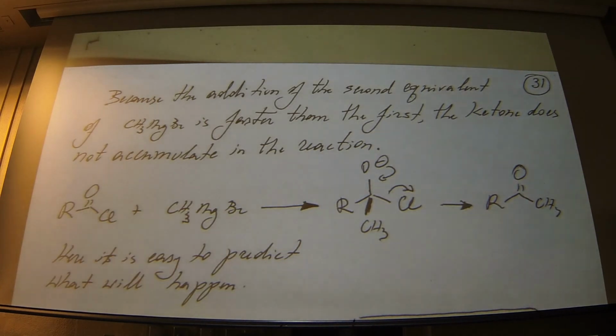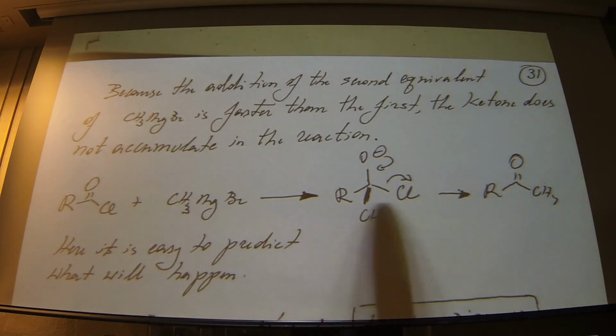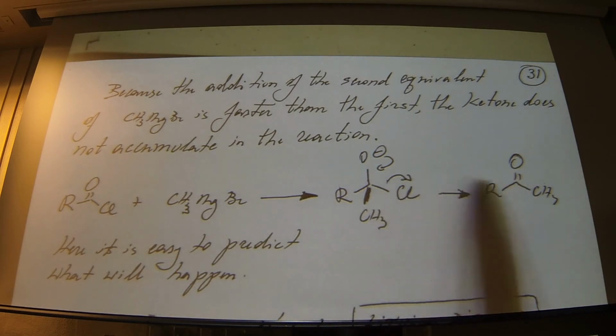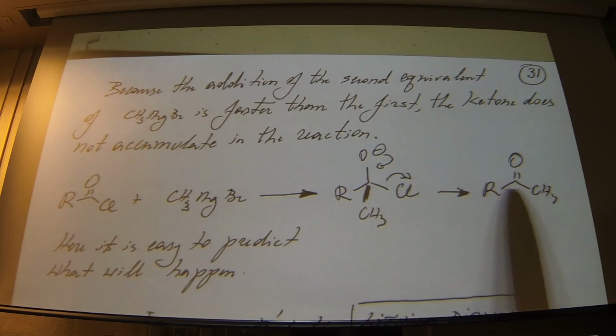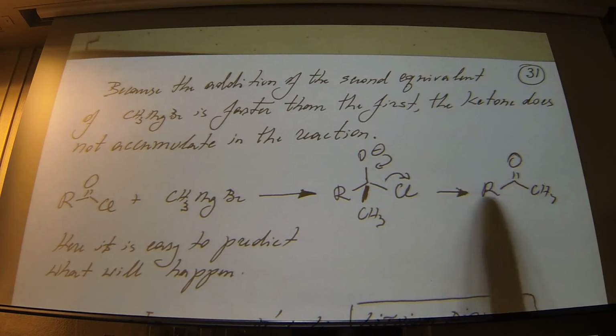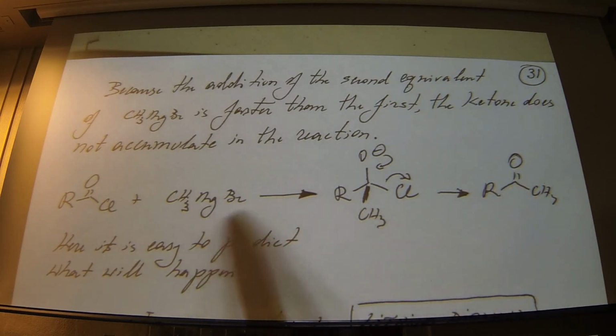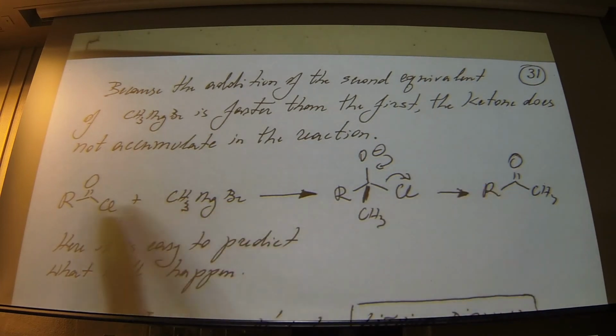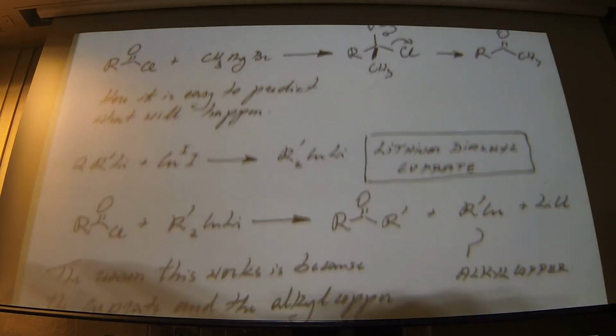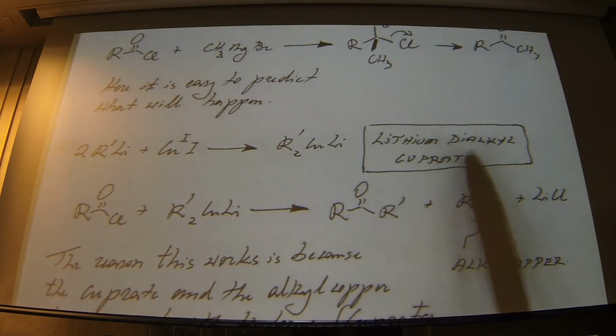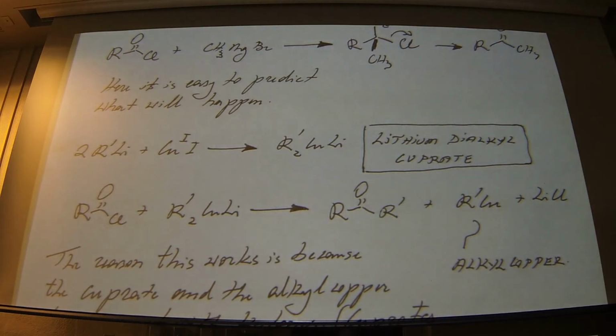And so you can do the same thing with an acid chloride. However, the ketone is still likely to undergo further reaction with the Grignard. And so this is not the preferred way of going from an acid chloride to a ketone. The preferred way of doing it is with the reagent we've seen before, and that's a cuprate.